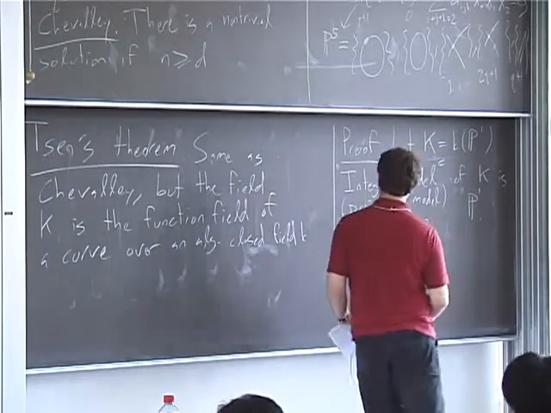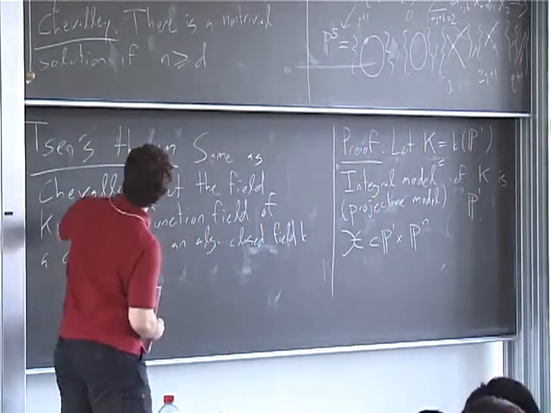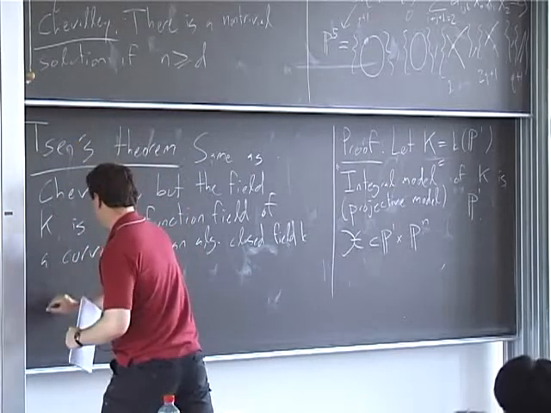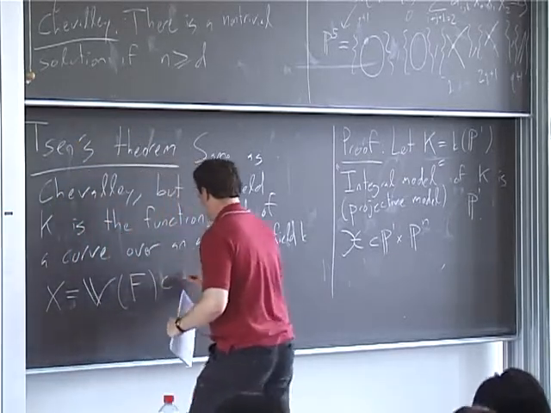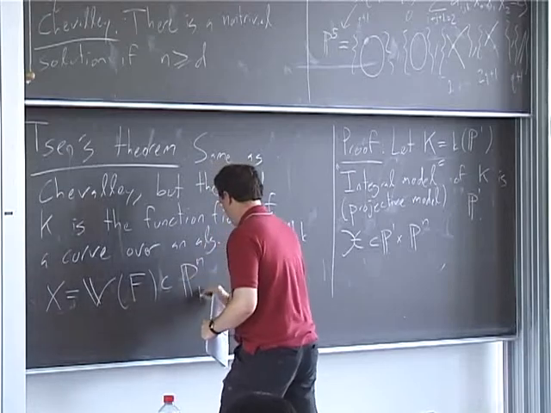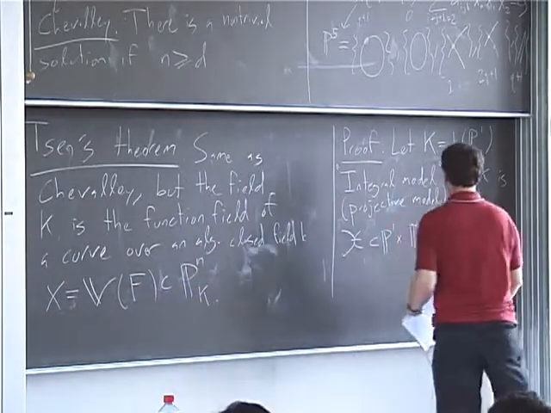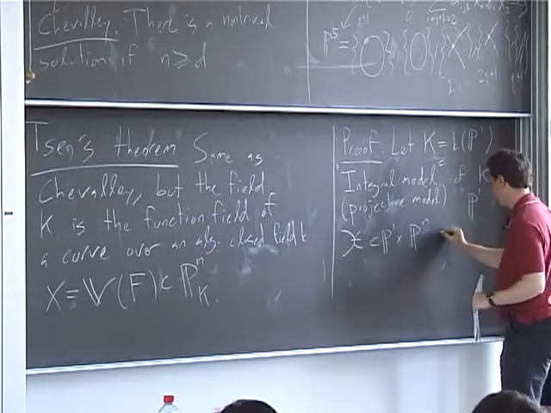So this will give us an integral model of, if we take X to be the vanishing locus of this polynomial inside of Pn K, then this is an integral model of that generic fiber.